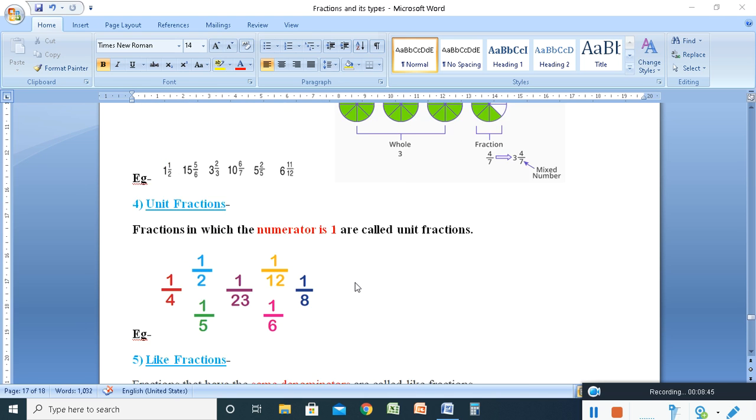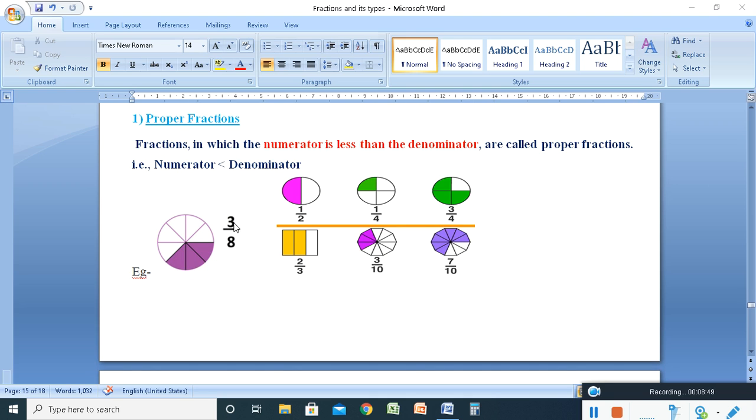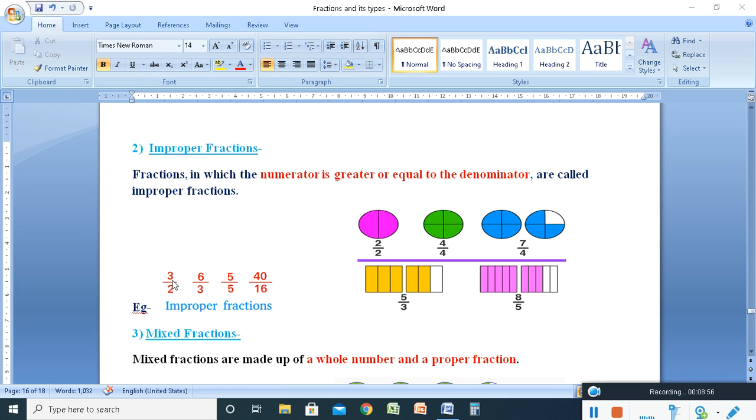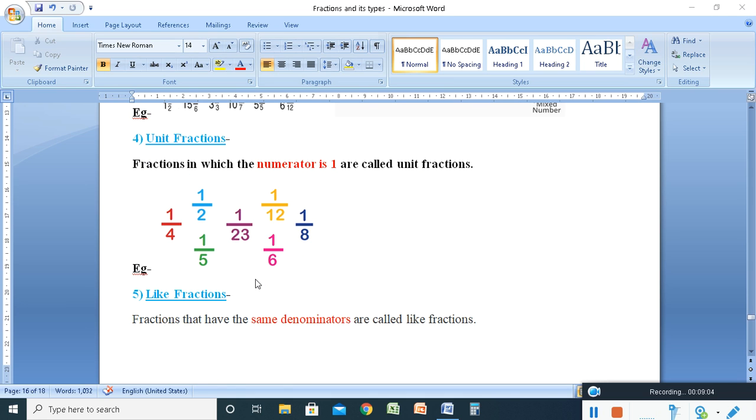Now I have said the different types of fractions. Proper means the numerator has a lesser value compared to the denominator. Improper means the numerator value is more than the denominator. Mixed fraction means a mix of a whole number and a proper fraction. Unit fraction means the numerator is 1.